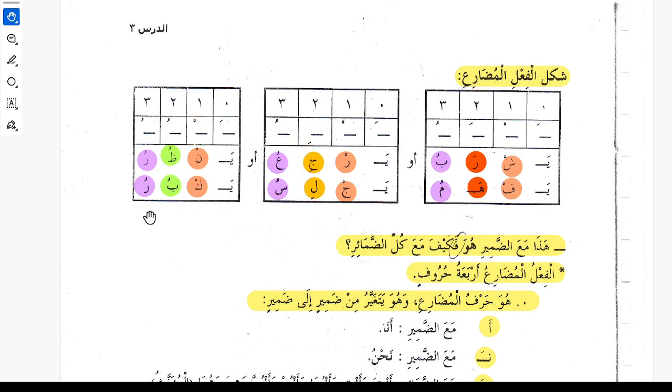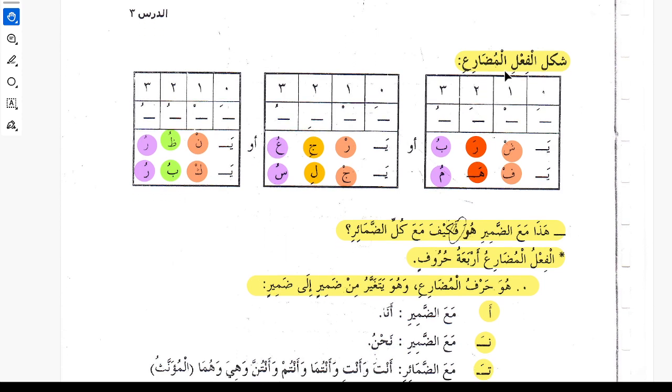So now this is how the fe'l mudare shows. You would note that ya is added before the three letters. So ya is the indication that this is the present tense. So ya will differentiate between the past tense and the present tense.